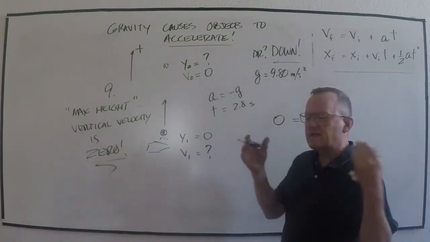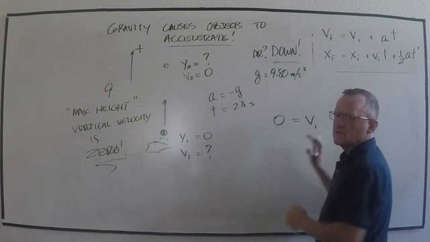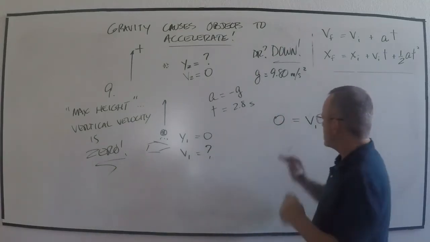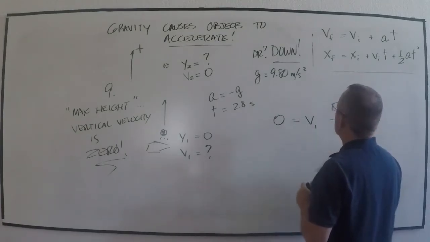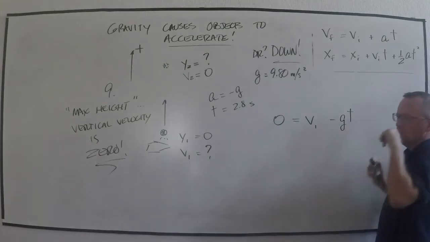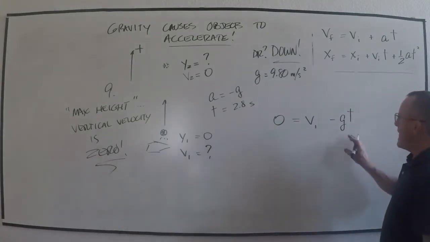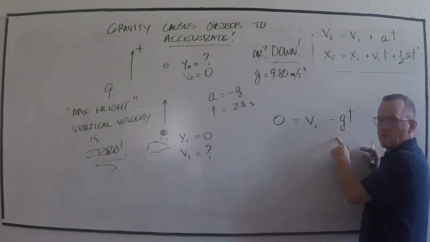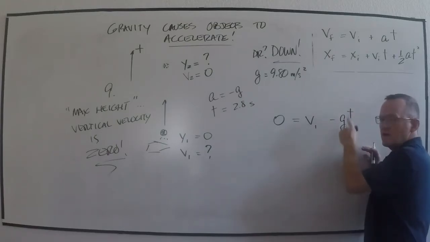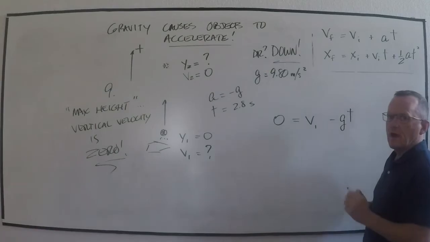Remember, our equations are like sentences, and those sentences tell us the ideas that fit together, that describe what's going on. If I replace a with minus g, that sentence structure still holds. But now what I'm saying explicitly is, oh, this is an object that is in free fall and is accelerating under the influence of gravity. In other words, the meaning is still there.